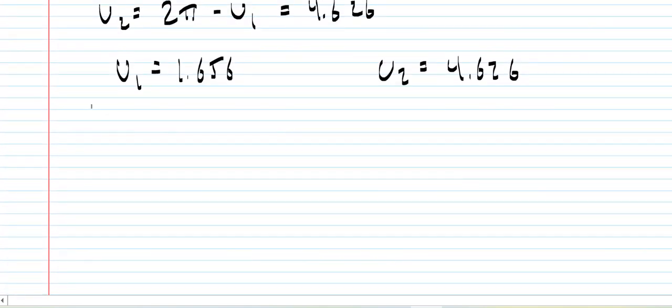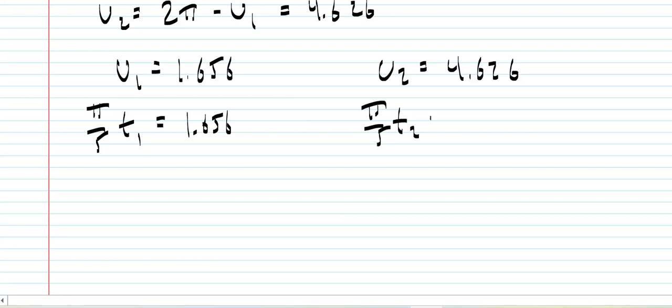So we're going to substitute back in: pi over 5 t sub 1 is 1.656, and pi over 5 t sub 2 is equal to 4.626.